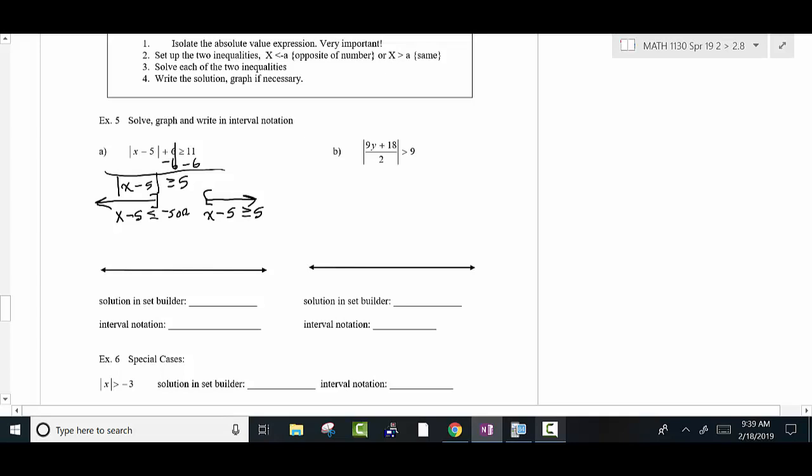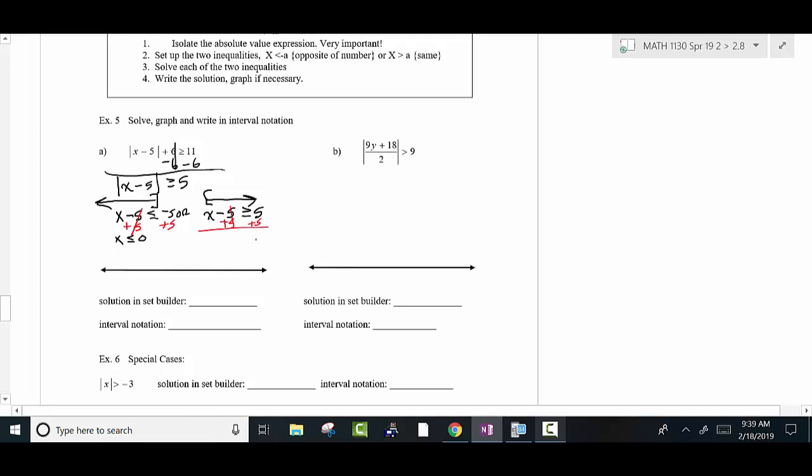That's what you always do: greater than the number, less than the opposite of the number. Once you get that set up, it's pretty easy. If I solve this, I add 5 to both sides of the inequality, and that gives x greater than or equal to 10. Then for the other one, you would add 5 to both sides here.